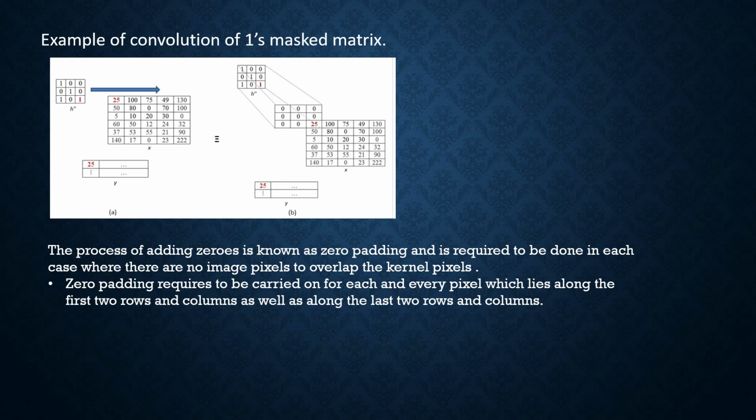Zero padding needs to be carried out for each and every pixel which lies along the first two rows and columns as well as along the last two rows and columns. Addition of zeros to the image does not alter the image in any sense except its size.